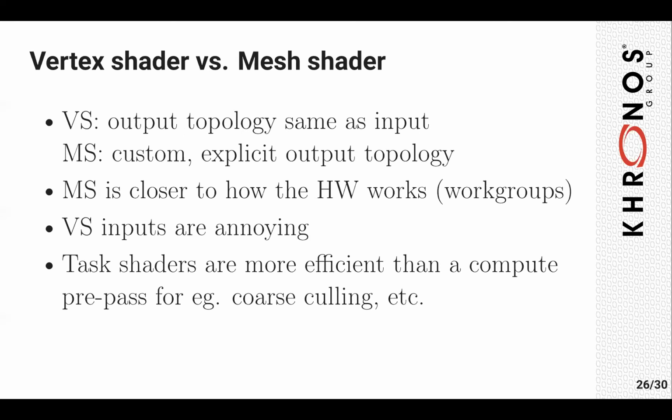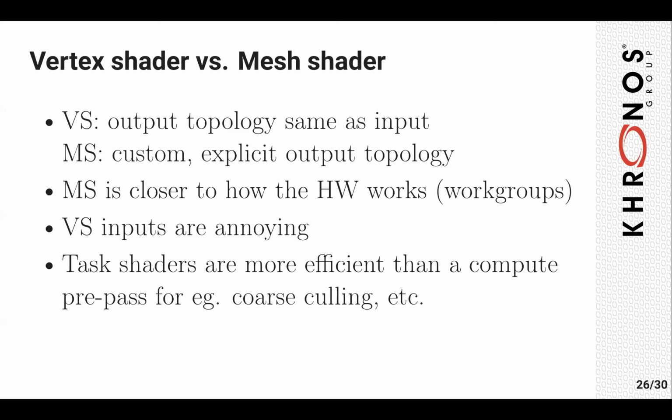So if you compare a pipeline which has just a vertex and a fragment shader versus a pipeline which has a mesh shader and a fragment shader, you would see that the difference is that in the vertex shader, you don't get any say about your output primitive topology. It will be the same as the input. You can't change it. In the mesh shader, you are explicitly required to specify the topology.